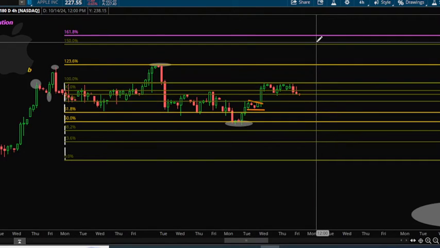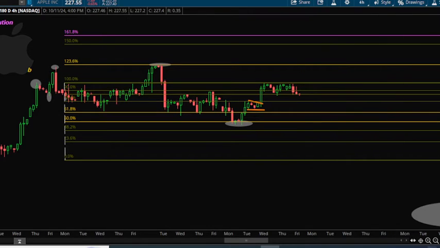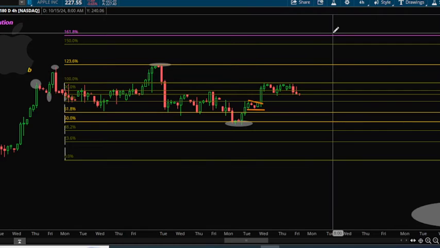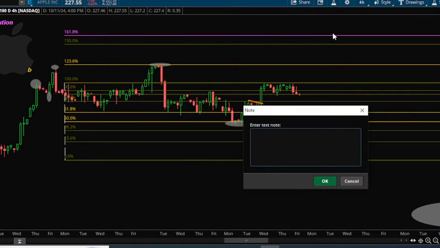So I'm going to put a caution target here. Okay. So the caution targets will be if it breaks that 253, 233. Okay.